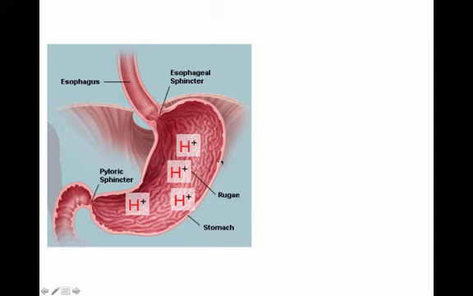And these pumps actually pump H+ ions into the interior of your stomach. You can imagine thousands or millions of these tiny molecular pumps throwing H+ ions into the middle of your stomach. And because they are throwing those H+ ions in, your stomach becomes more acidic.